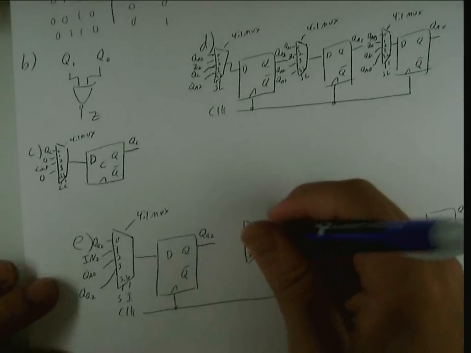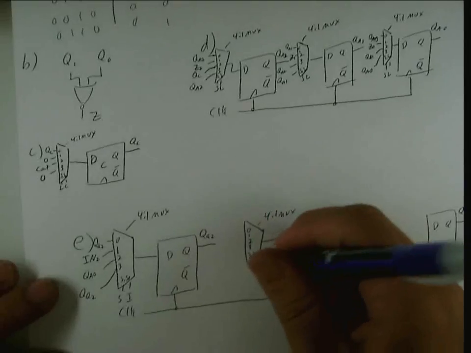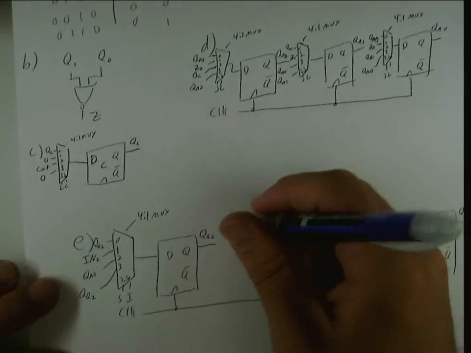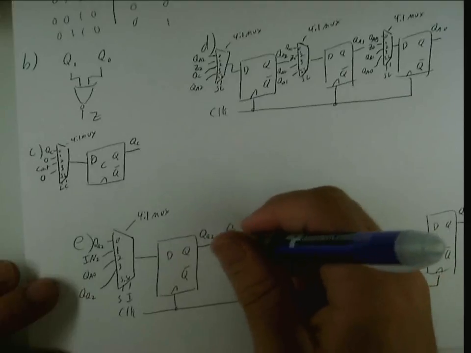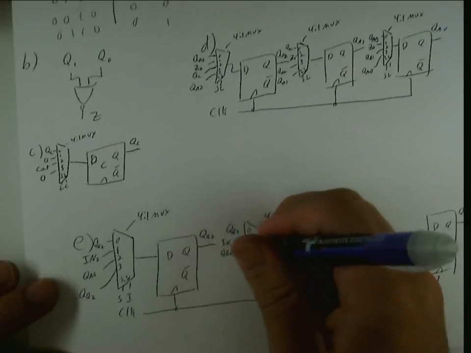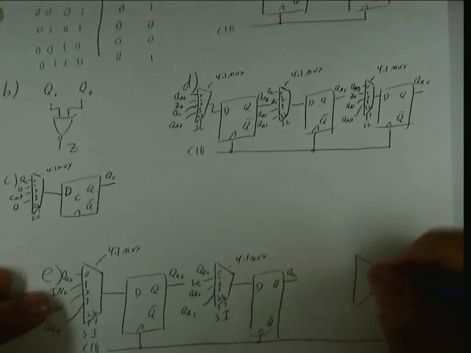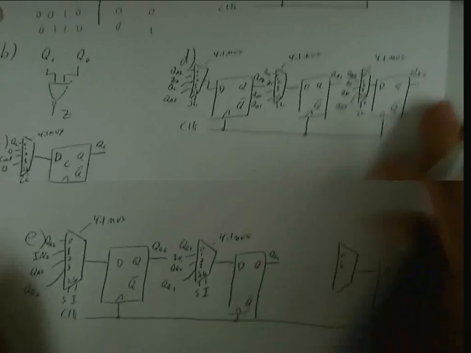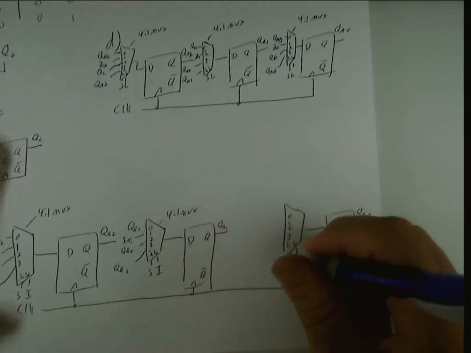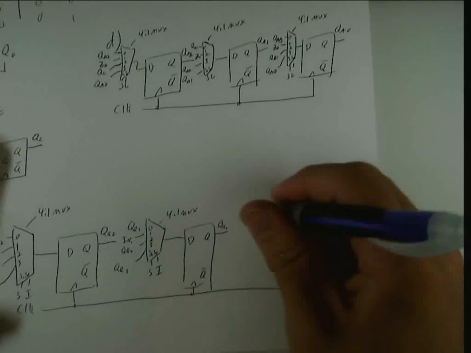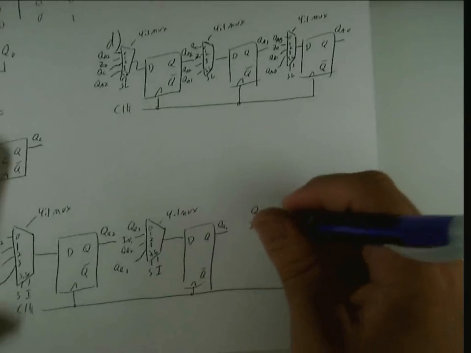S1, S0, 4 to 1 mux, S and I. So this is going to be QQ1, in 1, QQ2, and we're going to keep this one the same. 0, 1, 2, 3, S1, S0, S and I. We're going to put QQ0 to keep it when we don't do anything, and 0 when we want to do the parallel load.